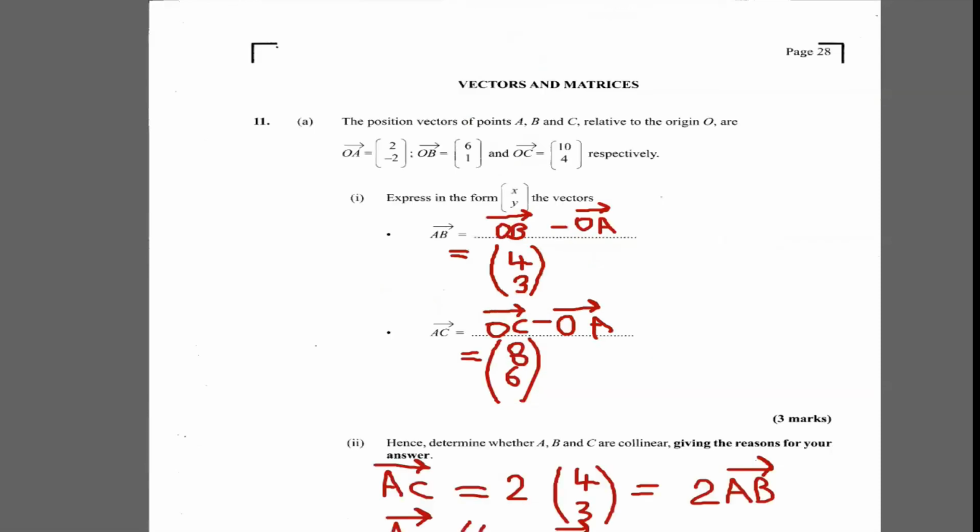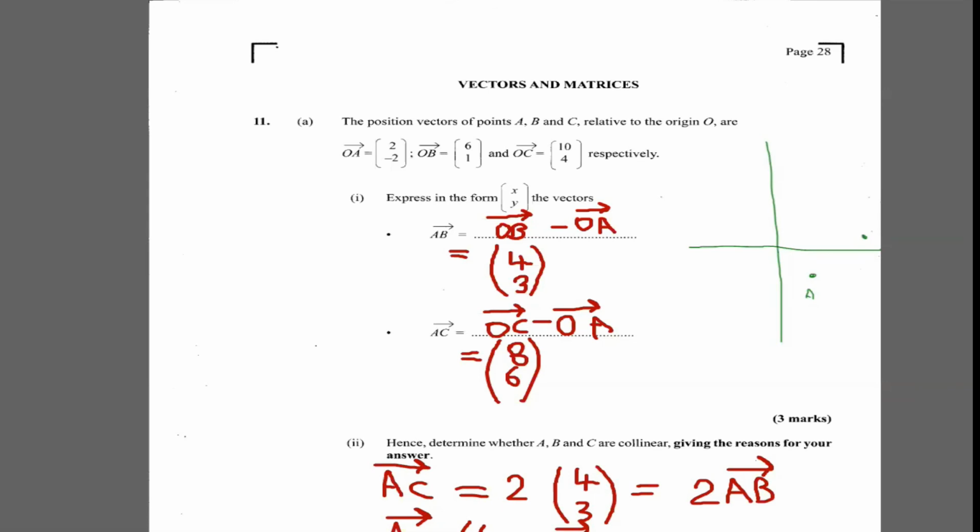What I want to show you is this. If you were to sketch it on a graph, just to get a rough sketch of what's going on, the point A is 2, negative 2, somewhere here. The point B is 6, 1.